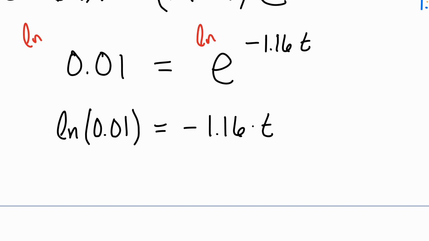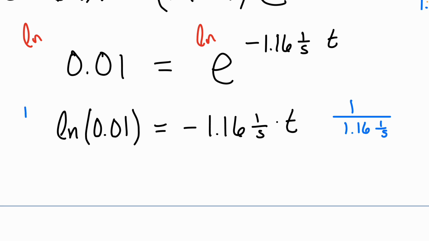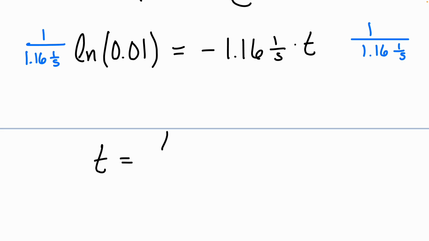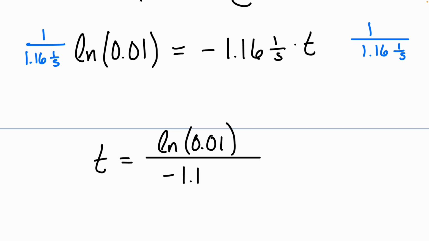And I'm going to be good with my units. That was inverse seconds. Divide both sides by the value of our rate constant K. So I get t, the natural log of 0.01 divided by negative 1.16 inverse seconds, or about 3.96997.